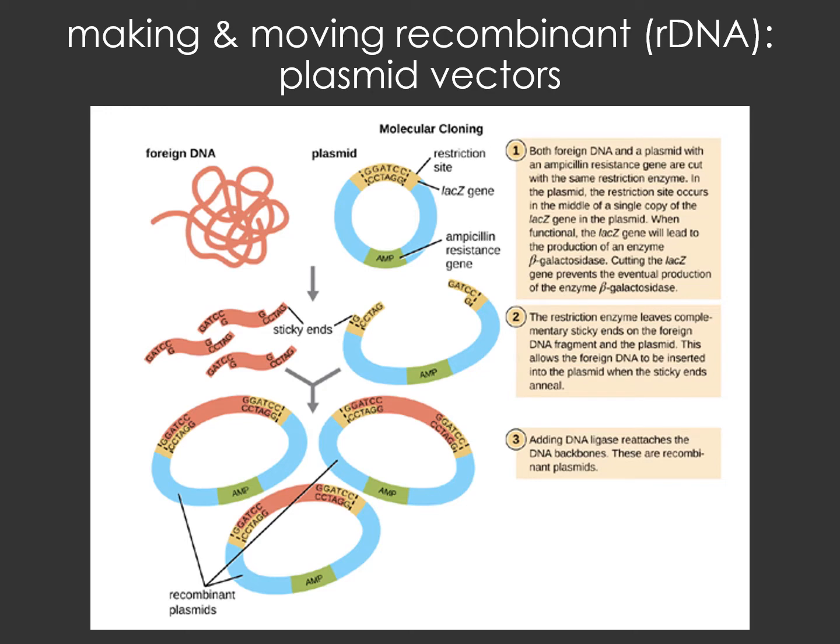All right, in this particular example, you have a restriction site on the plasmid, GGATCC, which is the restriction site not of EcoR1, but of BamH1. So this is a different restriction enzyme.